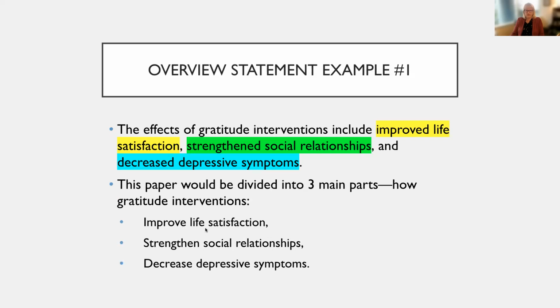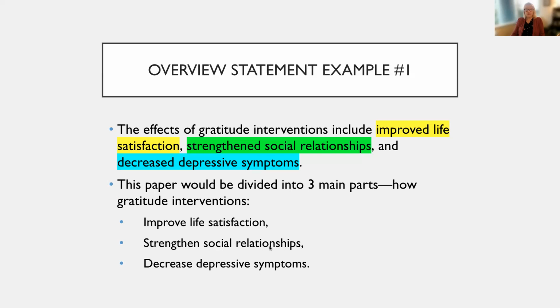And then these could work as headings in that section of your paper as well. So I might say maybe this heading could become gratitude interventions and improved life satisfaction. This heading could be gratitude interventions and strengthened social relationships, and so on.